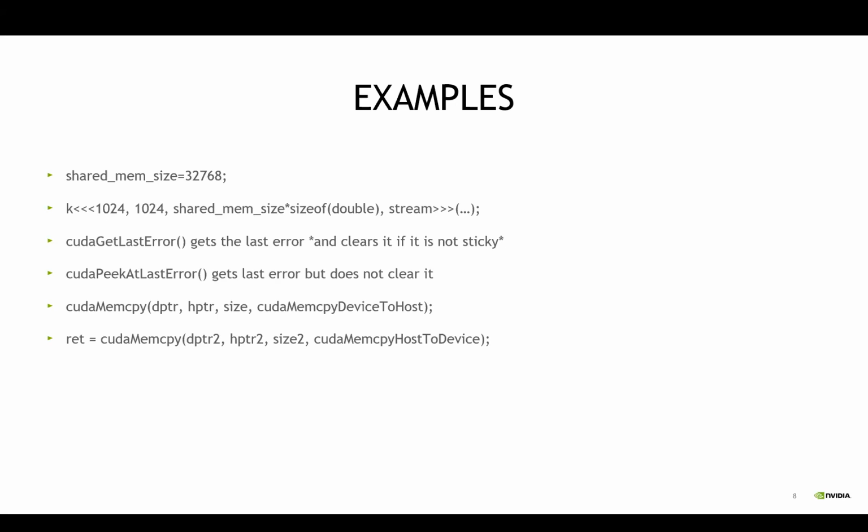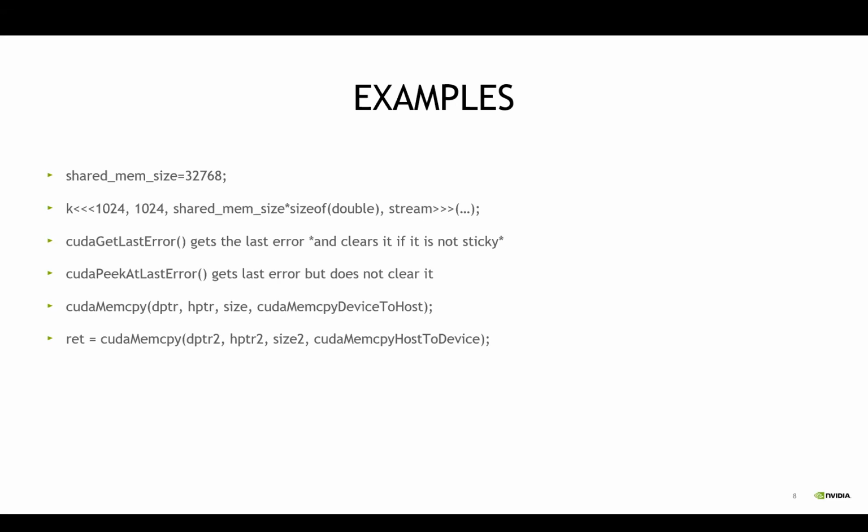Okay, I'm not sure I followed. In this particular example, for the last two lines of code, there's an error associated with the second to last line, and there is no error based on the syntax of the last line. So the ret value on the last line would contain CUDA success, and it does not contain the error associated with the previous CUDA memcpy.